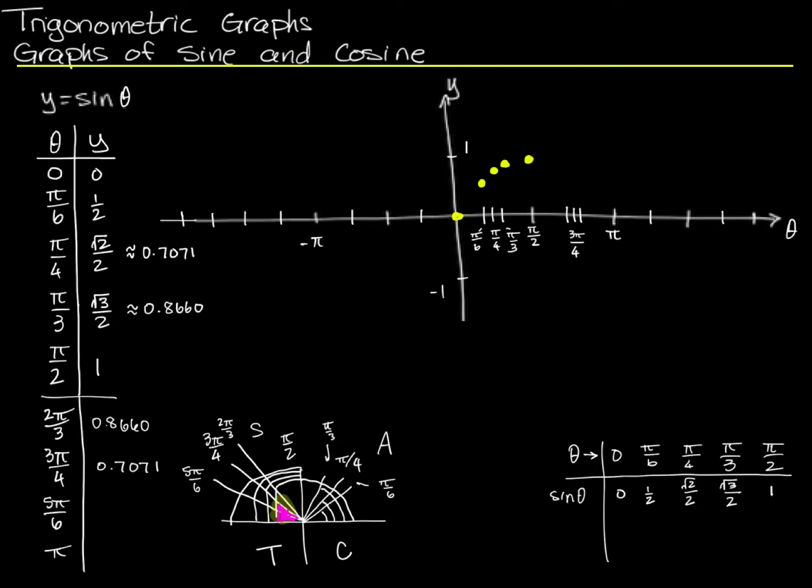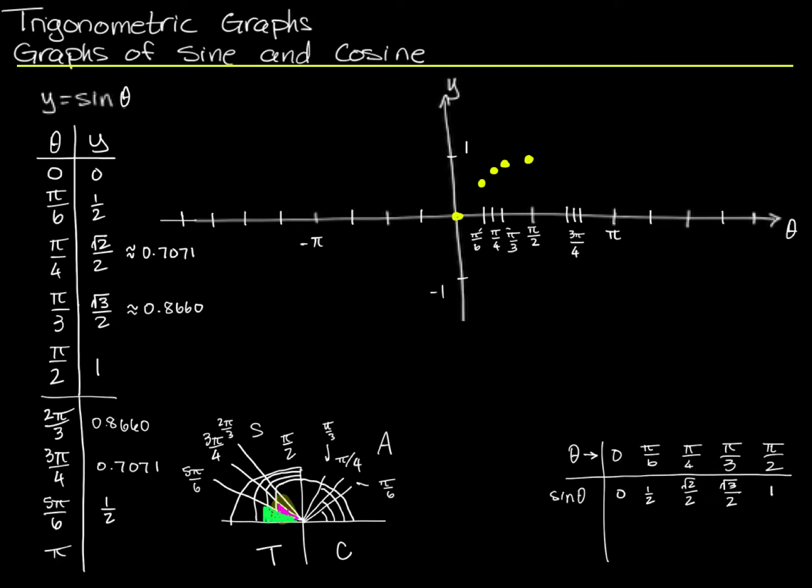Then, maybe I'll use green, we have this reference angle, and that's a small one. That's a 30-degree reference angle, so that's pi over 6. The sine of pi over 6 is a half, so the sine of 5 pi over 6 is also going to be a half, and we also know that to be positive because we're still in quadrants 1 and 2. Sine is positive in quadrants 1 and 2.